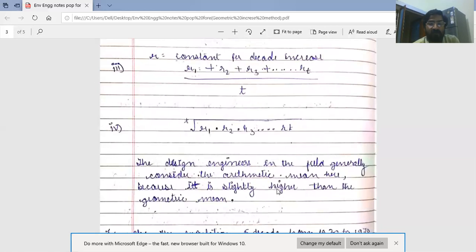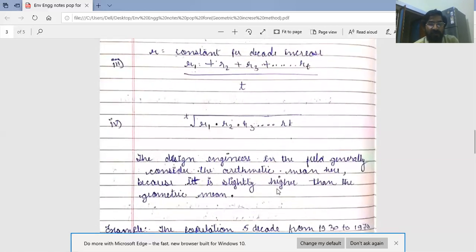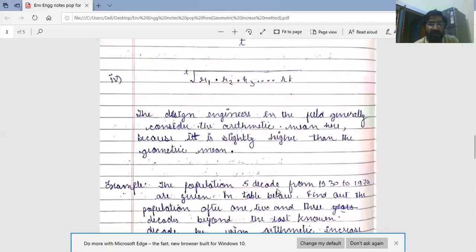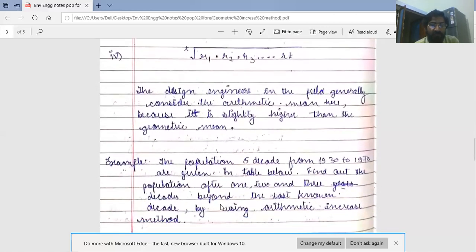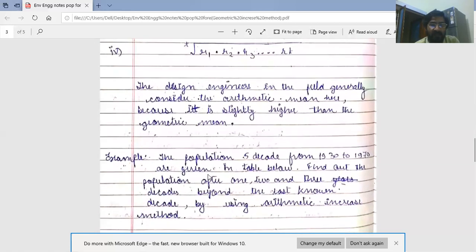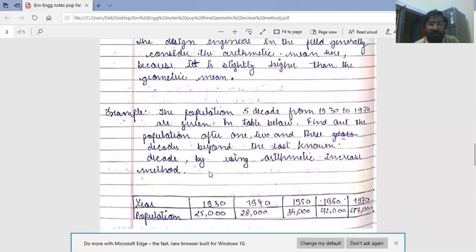This method of geometric increase, population forecasting of geometrical increase method, we can understand from this example. The population of 5 decades from 1930 to 1970 are given in the table. Find out the population after 1 decade, 2 decades and 3 decades beyond the last known decade by using geometric increase method.